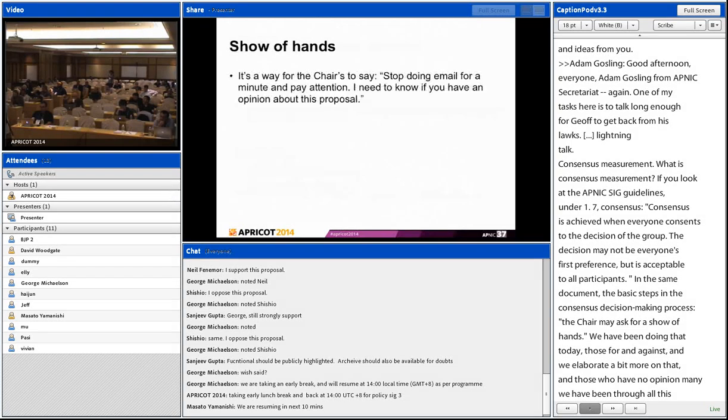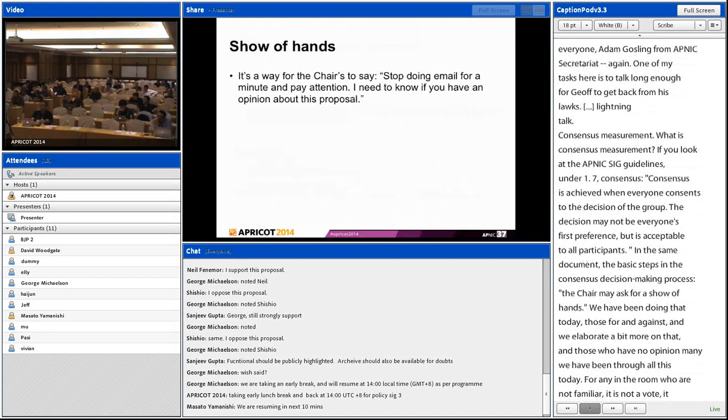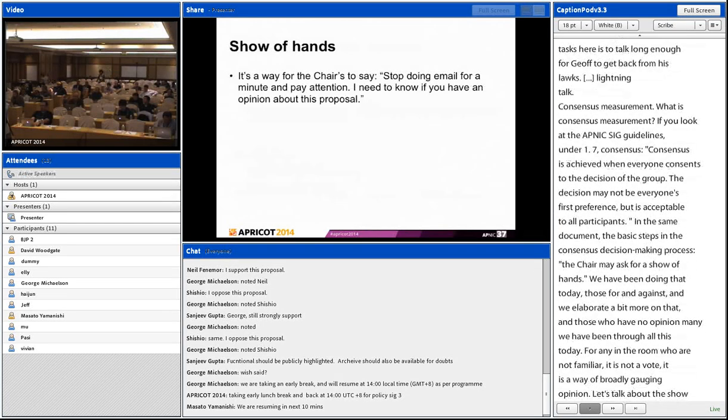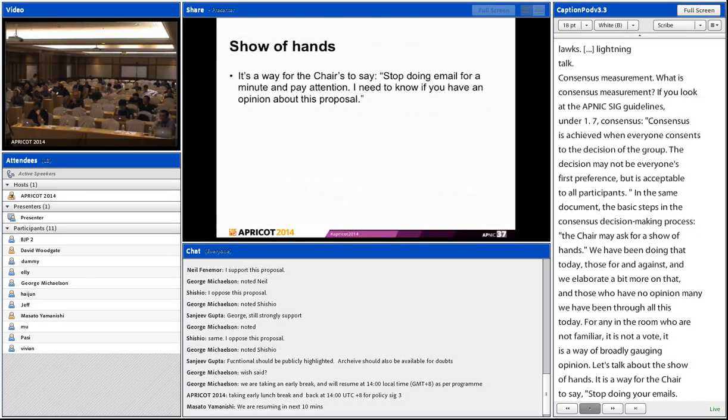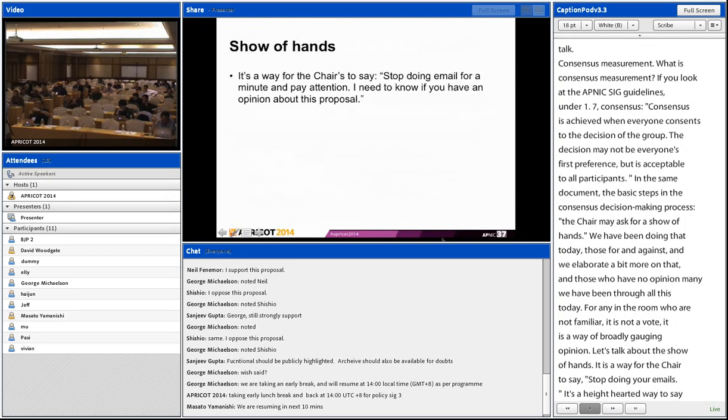So let's talk about the show of hands. It's actually a way for the chair to say, stop doing your emails. It's a light-hearted way to say it, but it is. Can we get the access point turned off? That's the only way it's going.